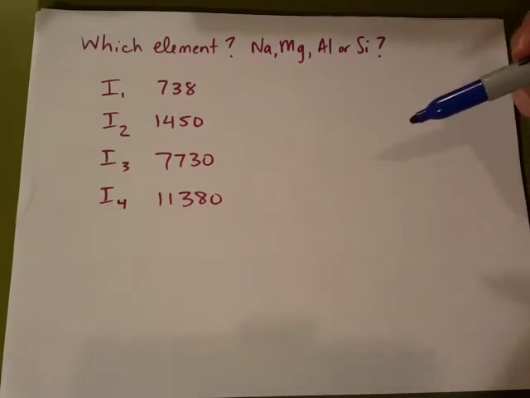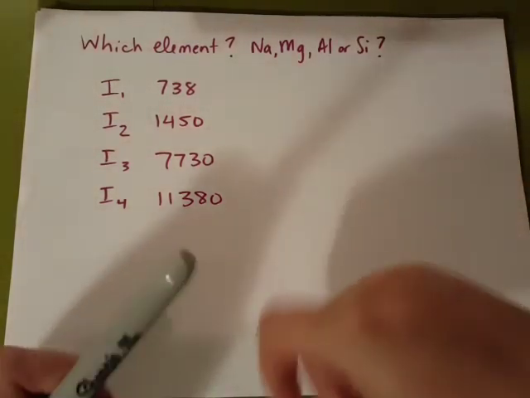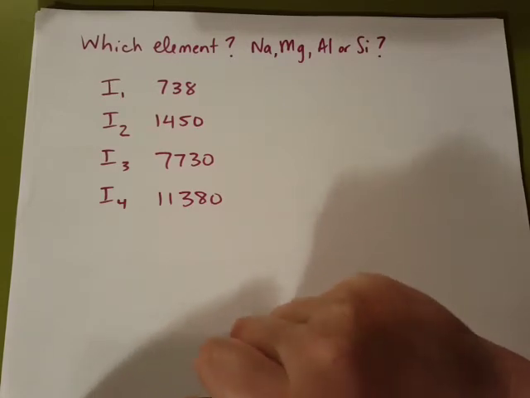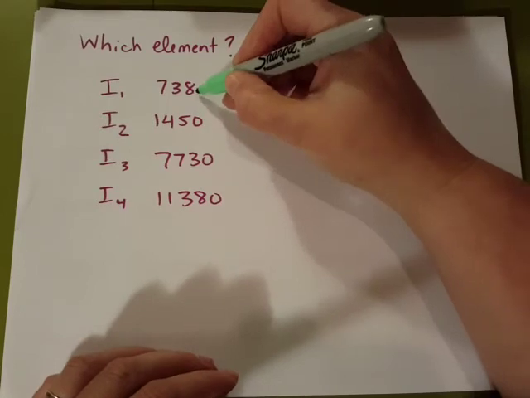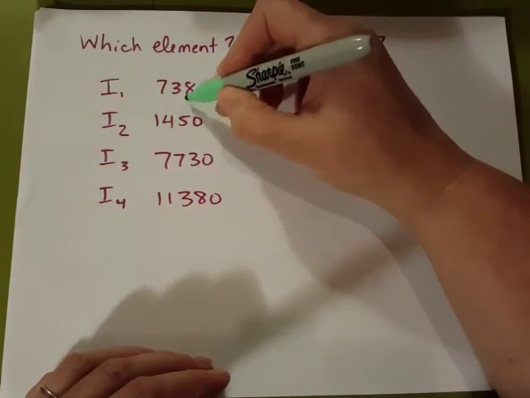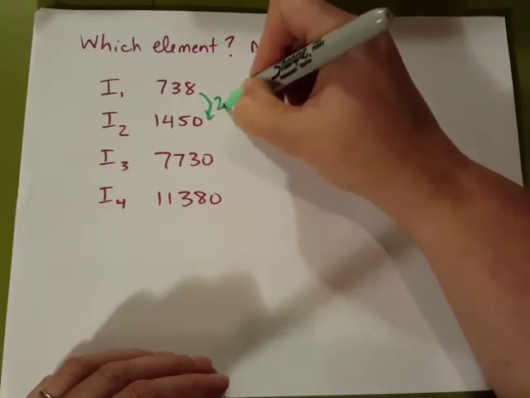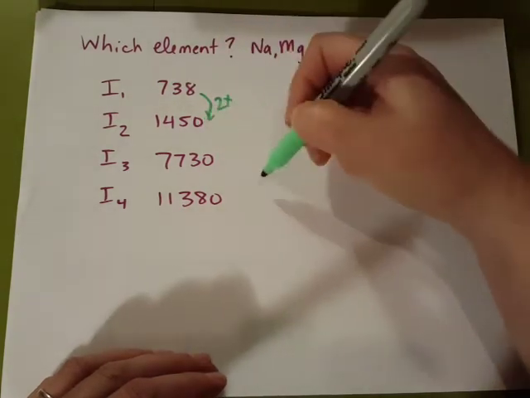Our strategy here is to try to see the jump, a spot where there's a significant increase in the energy required. So I would say, to go from here to here, you can take the big number divided by the small number to see how many times, but it's approximately a 2 times jump.